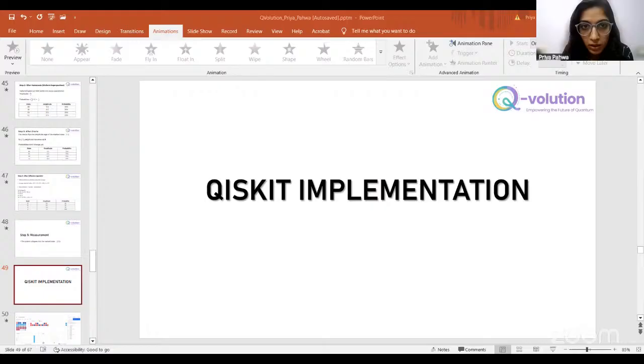We have imported every required library, and first we are defining the oracle.